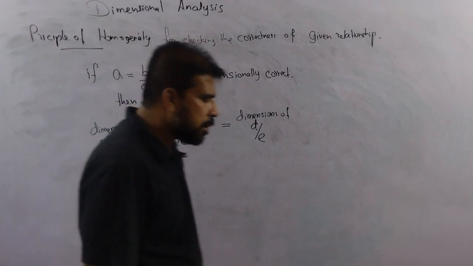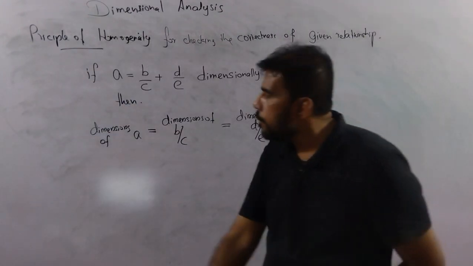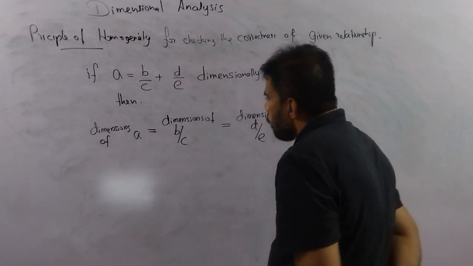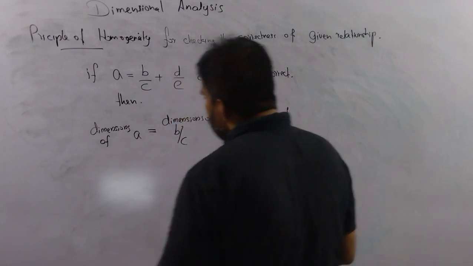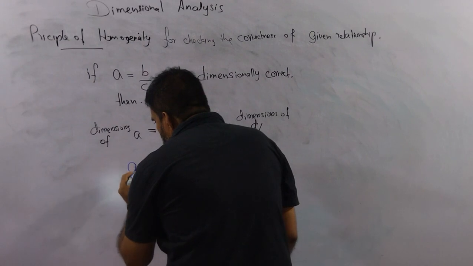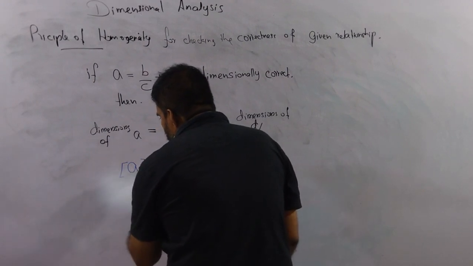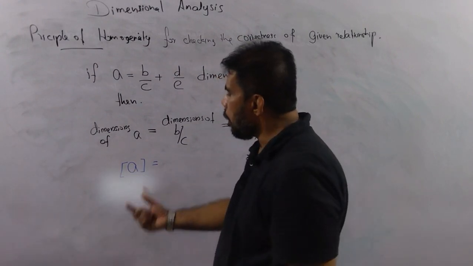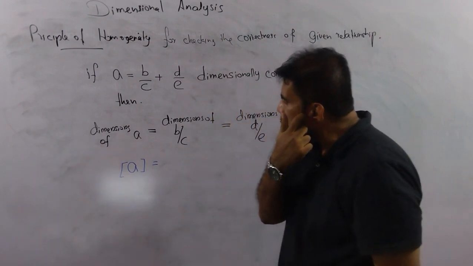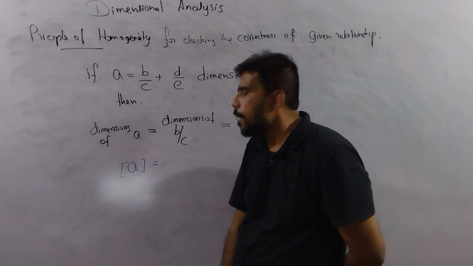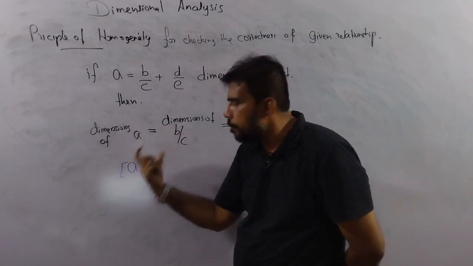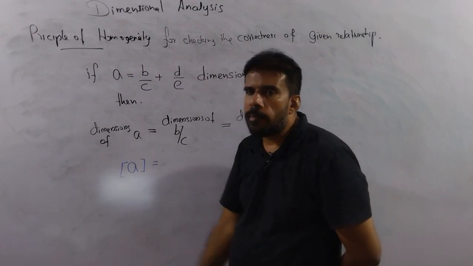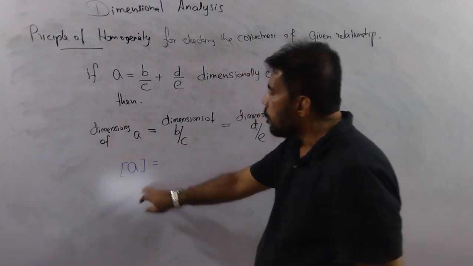Here I'll introduce another concept. Instead of writing dimensions of A, I can write A within square brackets, meaning I am now considering the dimensions of A. This square bracket means I am dealing with the dimensions of the physical quantity; I am extracting, analyzing, or studying the dimensions of this A. Instead of writing dimensions of A, simply I can write [A].